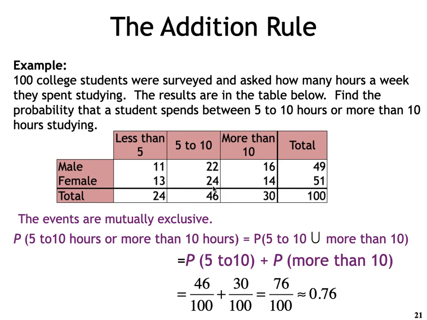Therefore, the probability that the student is studying more than 10 hours is 30 over 100. Simplifying this, 46 plus 30 gives us 76 over 100, which is equivalent to 0.76. I hope this is clear.